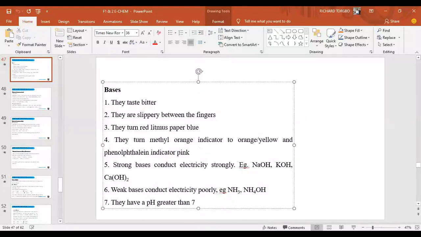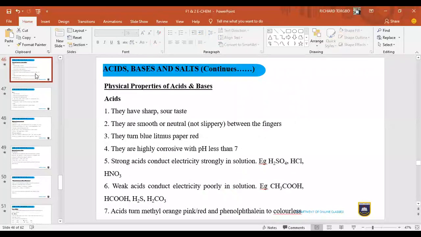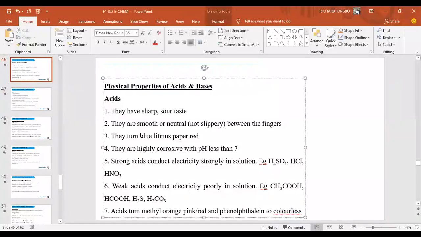So the word is wet. Bases turn wet red litmus paper blue, and acids turn wet blue litmus paper red. It's very important. The paper has to be wet.